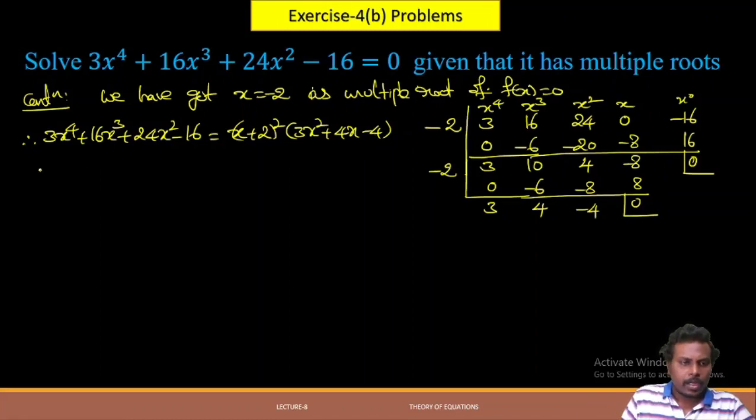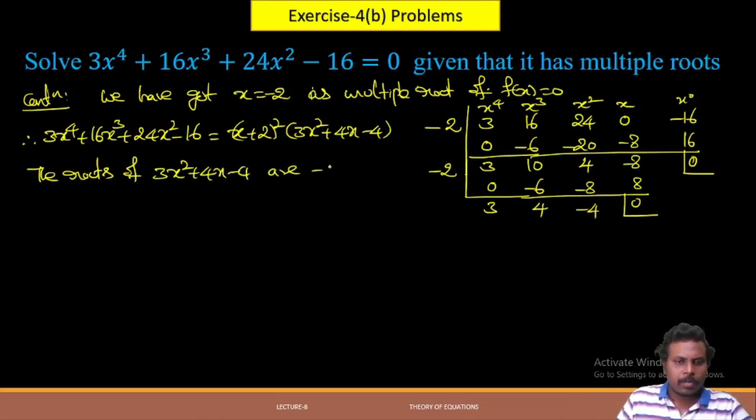Okay, now the roots of 3x² + 4x - 4 are x = (-4 ± √(b² - 4ac))/(2·3).